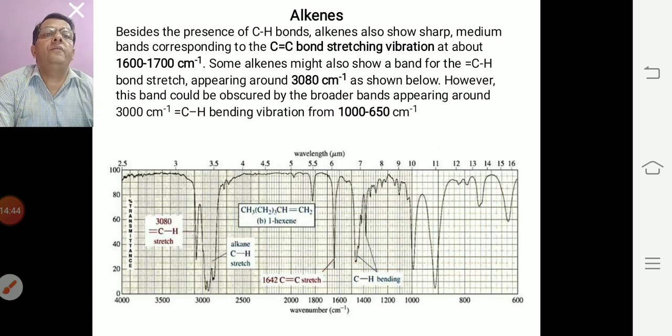Again, the example of alkenes: besides the presence of CH bonds, alkenes also show a sharp medium band corresponding to the C double bond C stretching vibration at about 1600 to 1700 per centimeter.